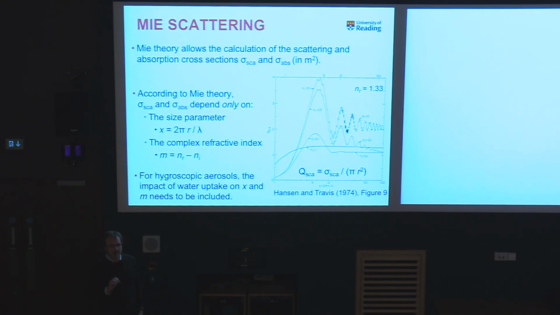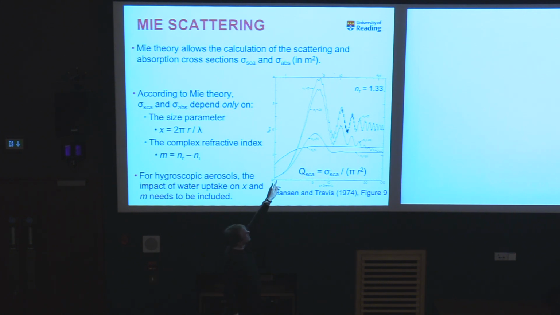So for the shortwave spectrum, for sunlight, it means accumulation mode aerosols are the best scatterers. And then you see after that it decreases, but there are interference patterns. And eventually the non-absorbing case tends towards a ratio of 2 for the larger size parameters, and that's the ratio predicted by geometric optics.